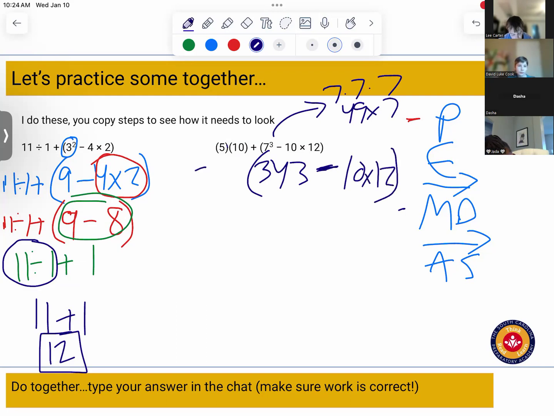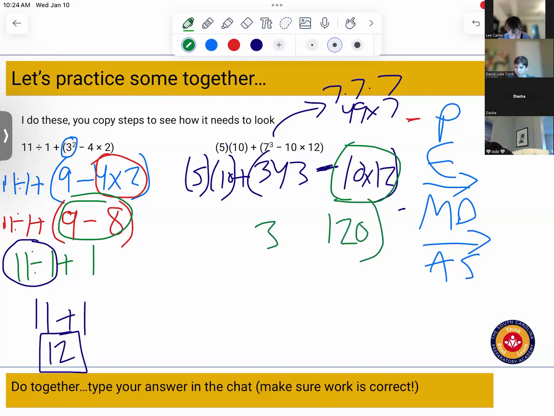Okay, then I'm going to rewrite the whole rest of it here. Now, next step we're going to have is still in this parentheses. So inside this parentheses, we got a subtraction and a multiplication. So we're in the parentheses. Next step is multiplication. So I'm going to circle that one. 10 times 12 is 120.